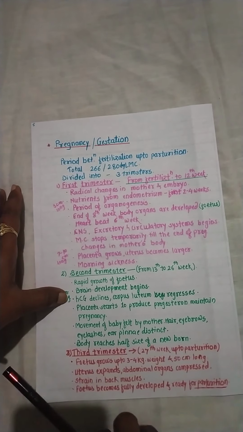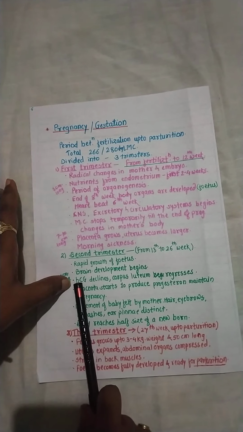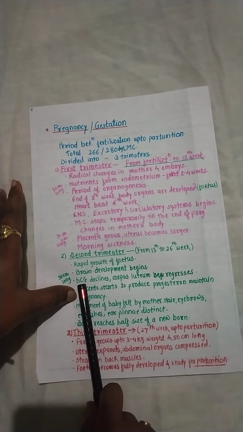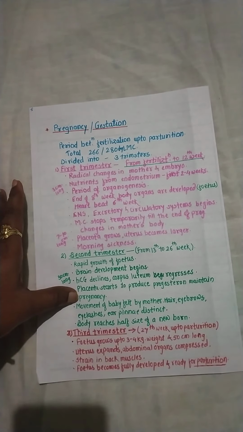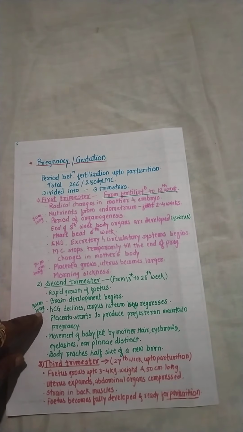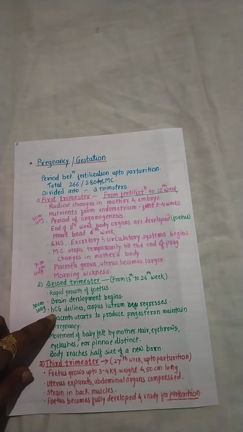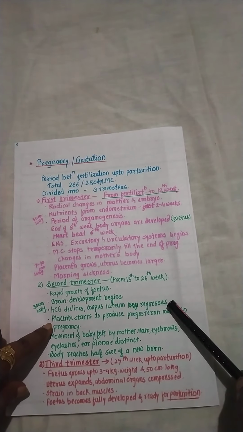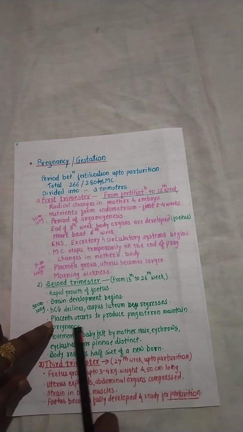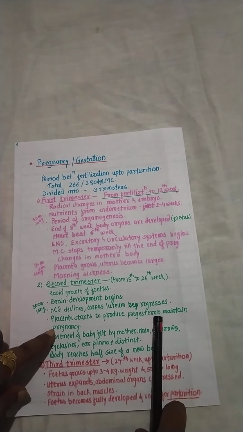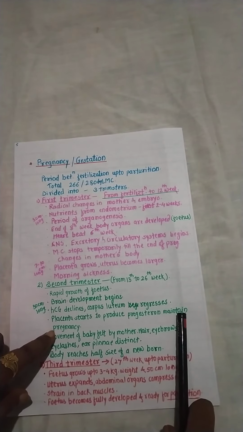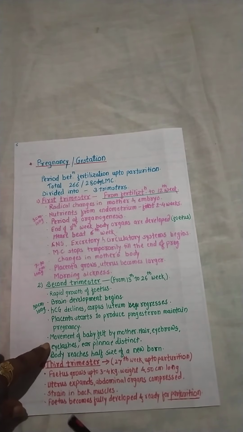The next change is that human chorionic gonadotropin, the hormone, secretion declines, and the corpus luteum regresses at that time. The placenta starts to produce progesterone, and progesterone is important for maintenance of the pregnancy.